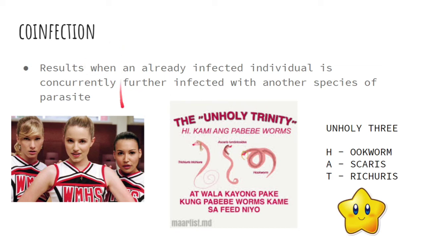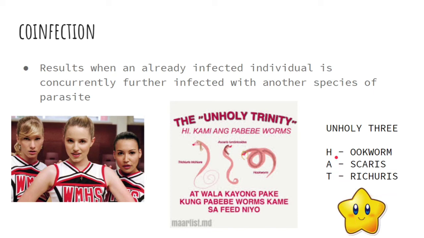A good example of co-infection is yung ating unholy trinity or unholy three. Yan, kami ang pabebe worms. Para makabisado po yan, you can use this, yung HAT. HAT is for hookworms, A is Ascaris, and T is for Trichuris. Please do take note, this is a recall question in the board exam. I repeat, this is a recall question in the board exam.